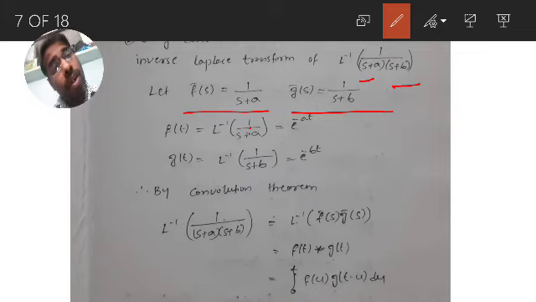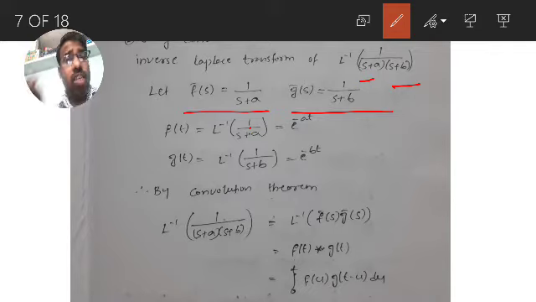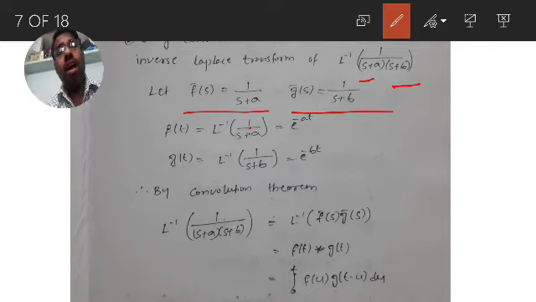But if both are different, then you have to take the easiest, the simple function, as g bar of s, and the remaining one as f bar of s. Why? To avoid complications in integration.